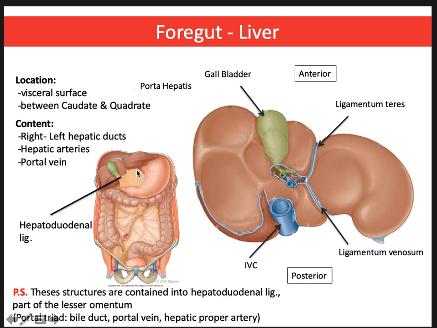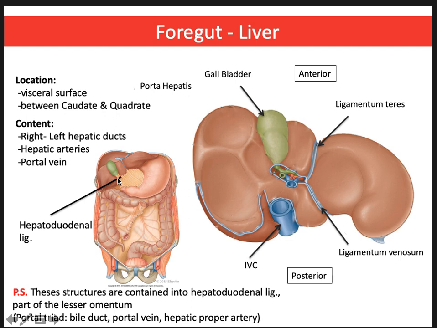You can notice that this is the lesser curvature, and the lesser omentum is all here. When we're doing dissection, we can easily pass through this layer because it's not mechanically strong, but here, because it contains those structures, it's way thicker. We need to resect it in order to expose those vessels because it has a mechanical function to anchor those structures from the liver to the rest of the small intestine.